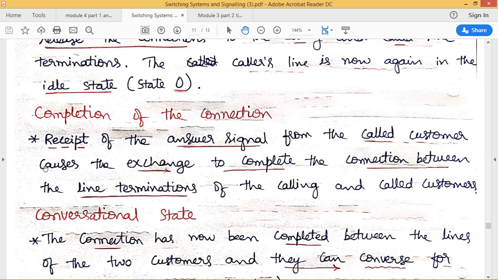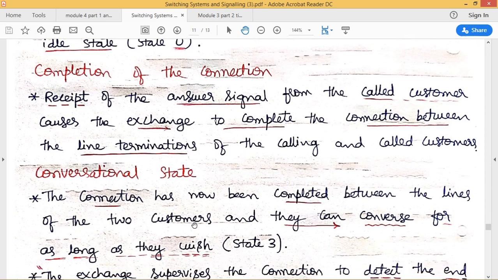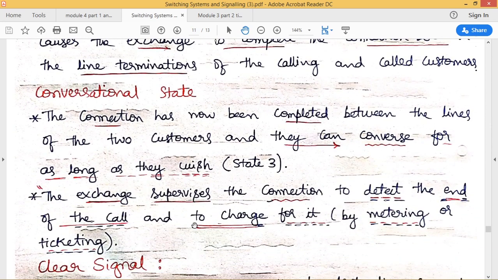So once the connection has been established between calling and called customer, the next state is the conversation state. So now those persons can talk to each other. The connection has now been completed between the lines of the two customers. Then they can converse for as long as they wish, and we call this conversation state, state 3.